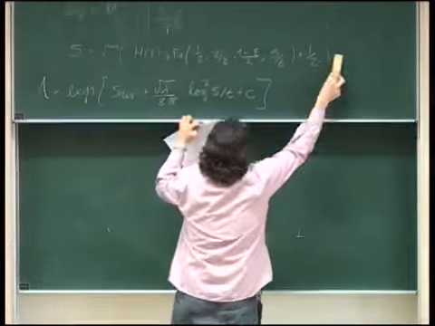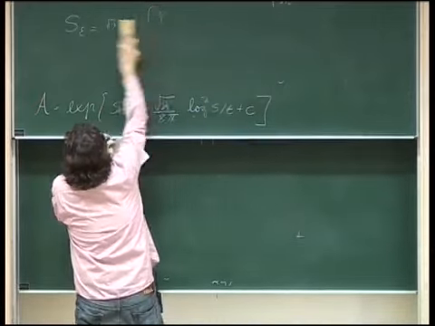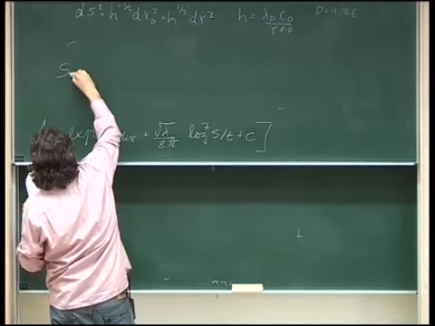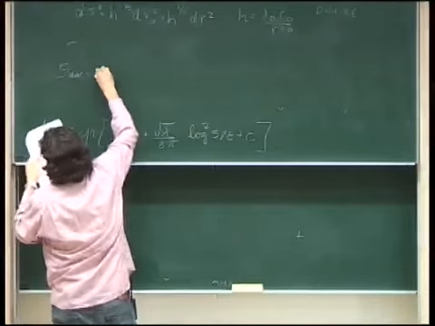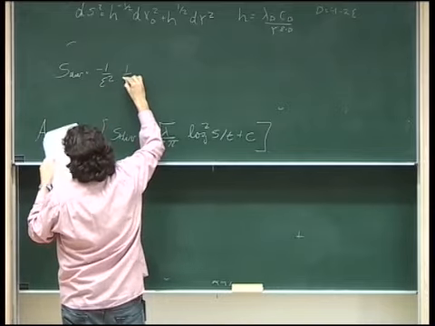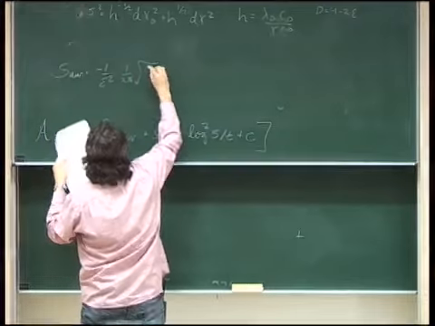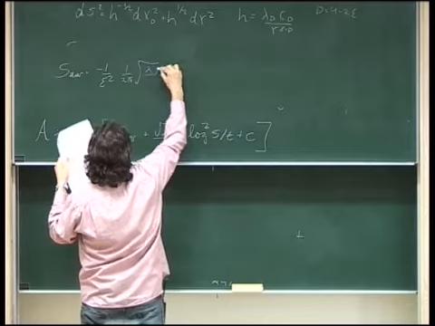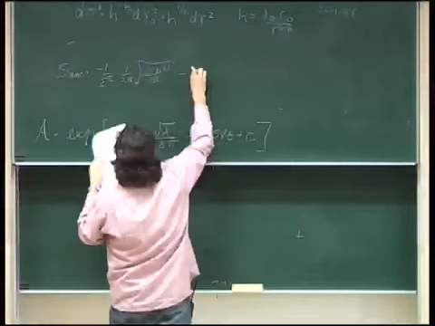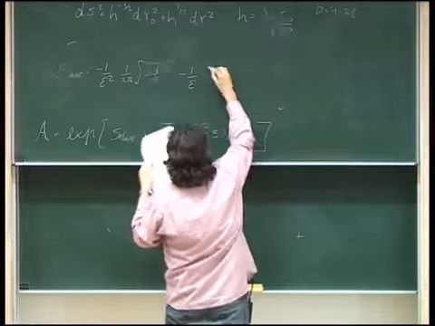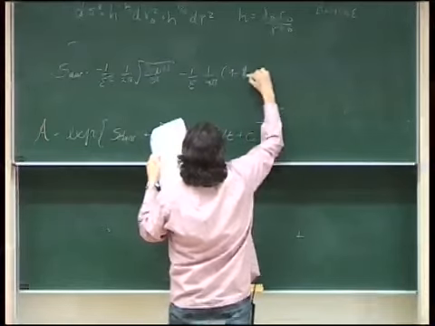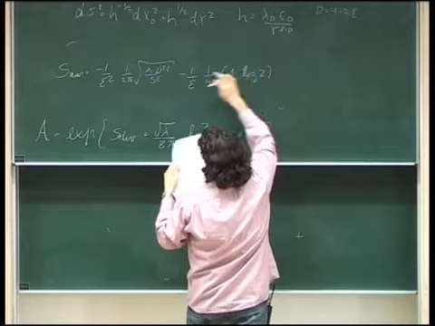For the divergent part we get a pole in epsilon and a piece that is linear in 1 over epsilon, and the same square root here.